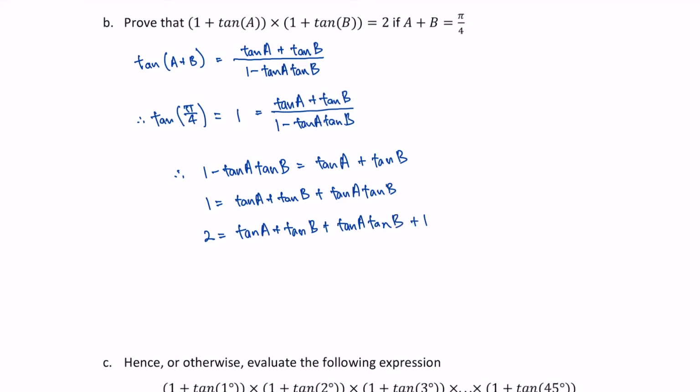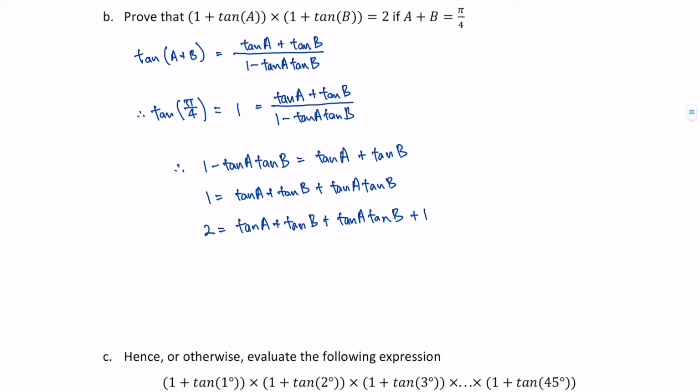And this thing on the right hand side we can actually factorize. We can factorize this to 1 plus tan of A times 1 plus tan of B. And that's it. So that's part B.